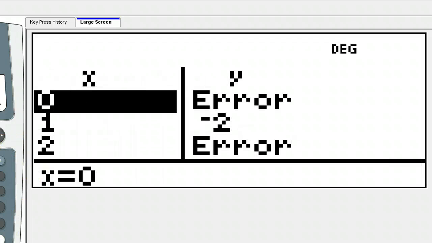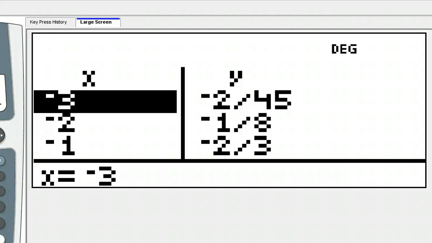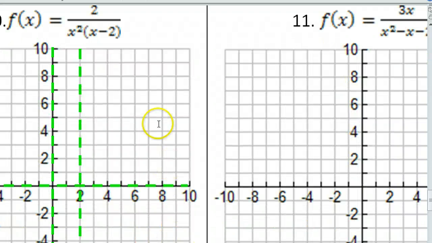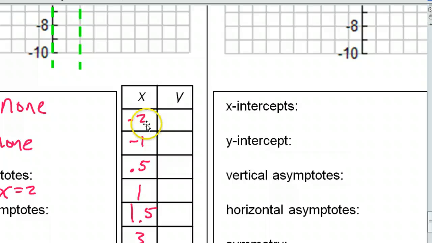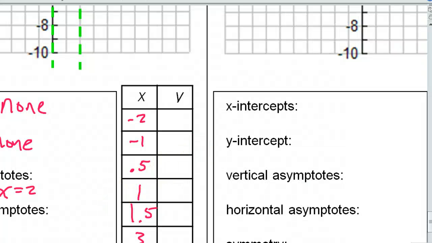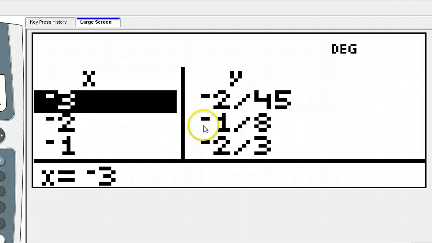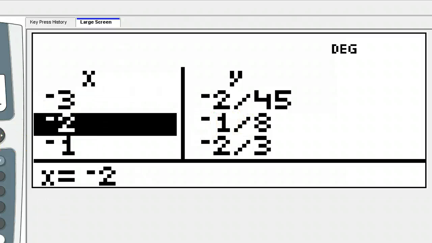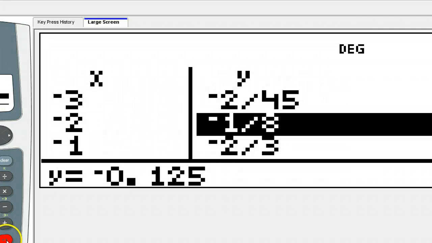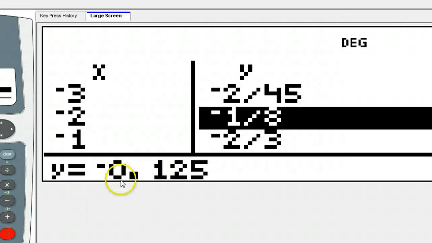All right, so we got all these values that we can use. So let's see. At -2, I've got 1/8. I can toggle that by hitting this button right here and get the decimal.